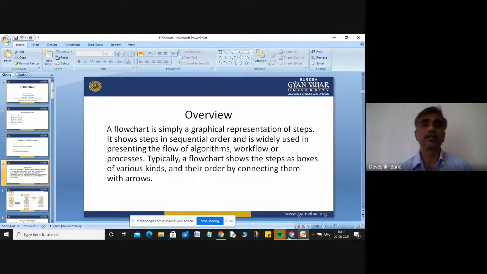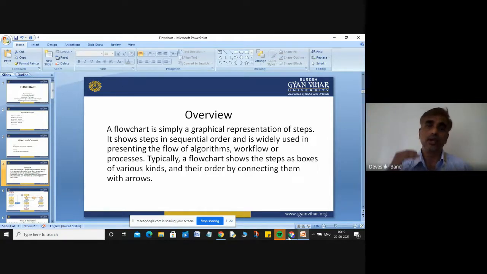When I discussed the algorithm in my previous lecture, algorithm is when you write all instructions step by step to achieve the solution of your problem. In the same way, your flowchart is a graphical representation of steps, and it shows the steps in sequential order as per your algorithm.